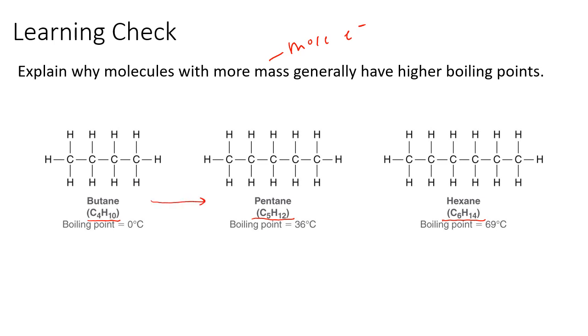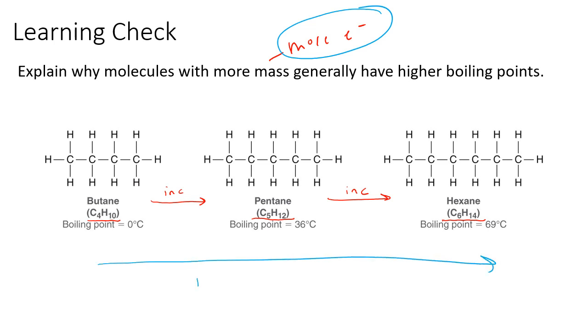So as we go from left to right, we are increasing in the number of carbons and hydrogens present, but really we're increasing in the number of electrons when we add all these bonds. So the London dispersion forces are going to get stronger as we go from left to right.